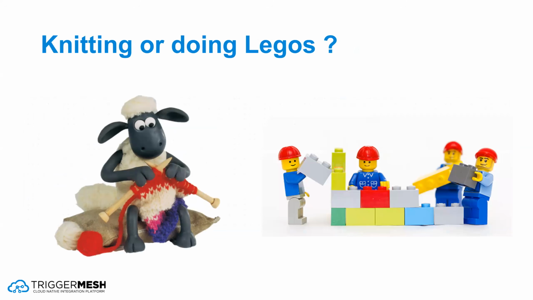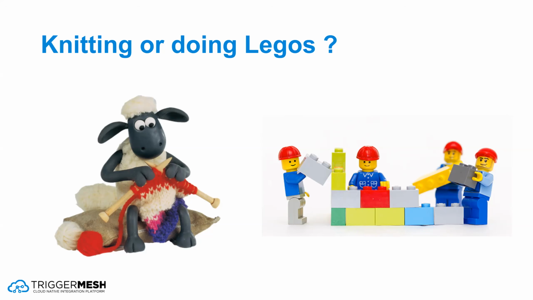So the bottom line is that as soon as you start doing serverless or Servicefull, what are you doing? Well, you're going a little bit up the stack and you're knitting, if you like, Shaun the Sheep, or you're building Legos, right? You're taking a service here, a service there, blue or white, whatever, and then you start knitting your application.